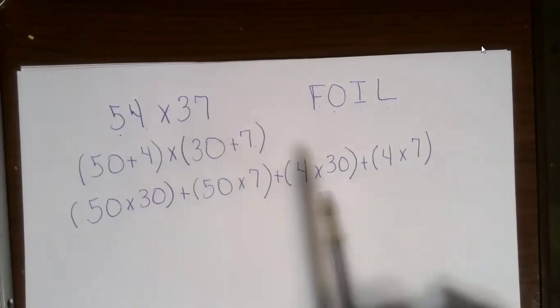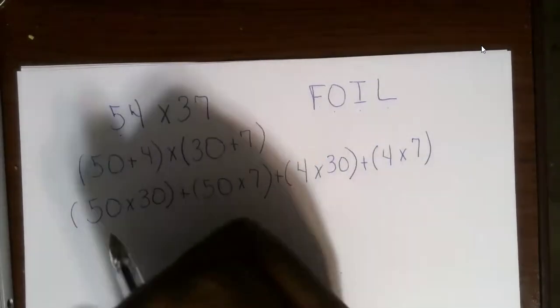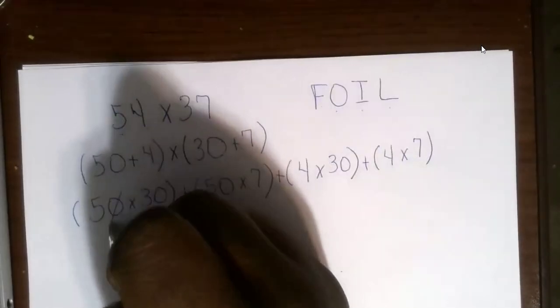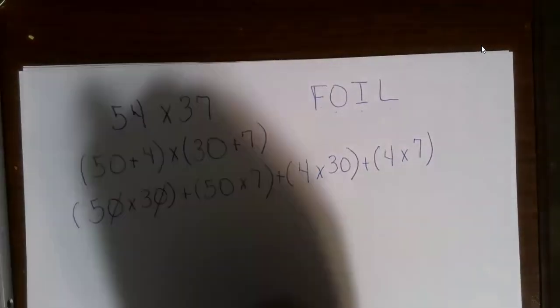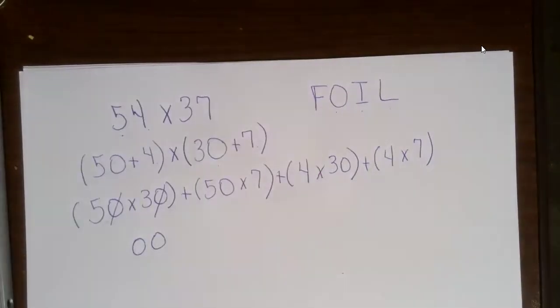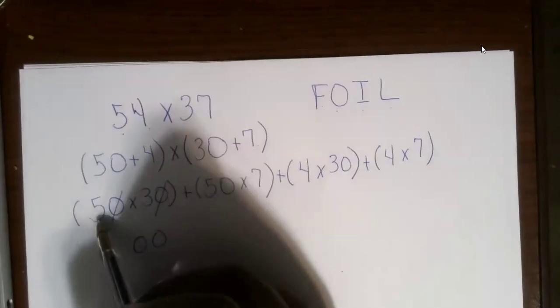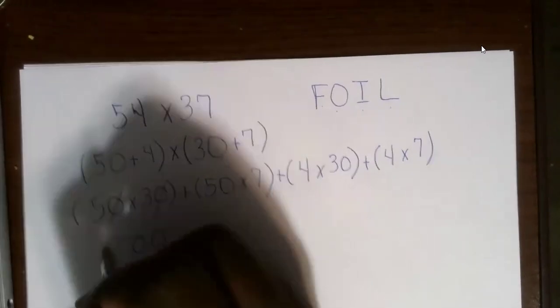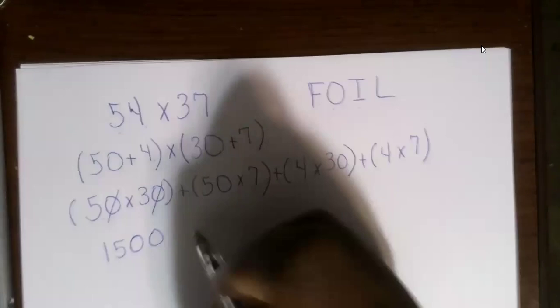Now I'm going to work out each parentheses. So 50 times 30, I'm going to use my strategy of zeros, put a line through both zeros, and put them in my product, because product is the answer to a multiplication problem. And then I'm going to multiply 5 times 3, and that's 15.